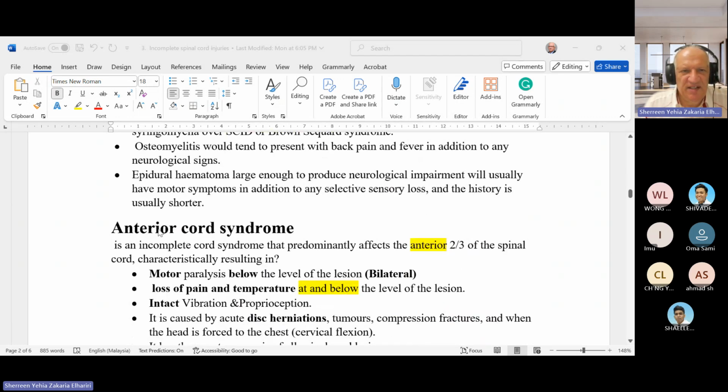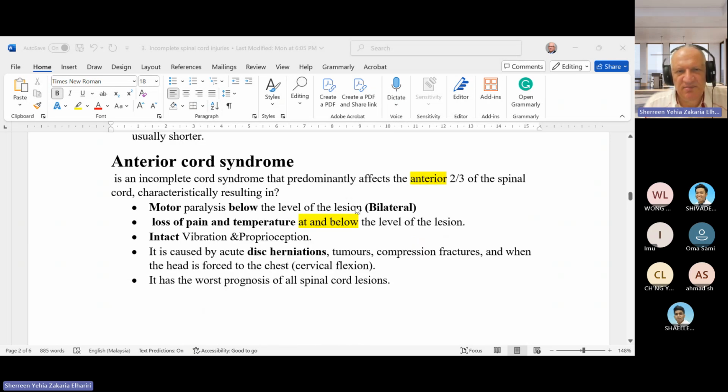Sometimes there is a very rare anterior cord syndrome, involving the anterior two-thirds of the spinal cord, so they have motor paralysis below the level of the lesion, bilateral. So here it is bilateral, with loss of pain and temperature at and below the level. In this patient, like a complete transection of the spinal cord, there is motor paralysis below the lesion, bilateral, and also loss of pain and temperature.